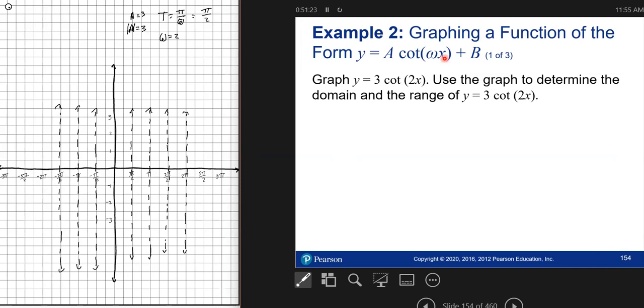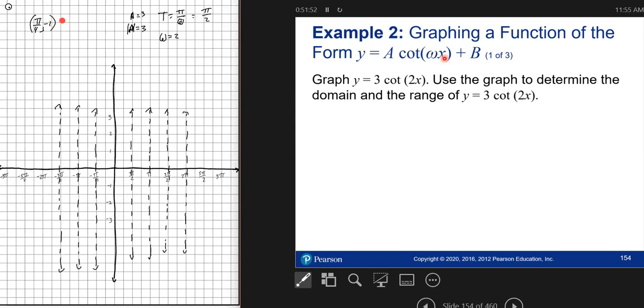Now, I have 3 key points for cotangent and tangent. For cotangent, the 3 values are going to be at pi over 4, pi over 2, and 3 pi over 4. At pi over 4, it's +1.